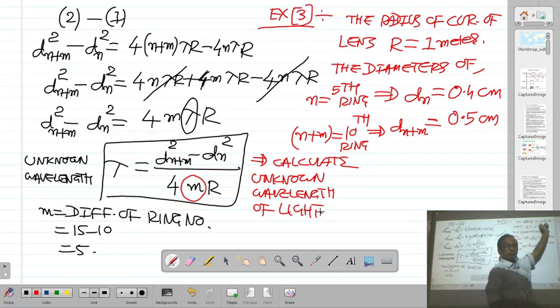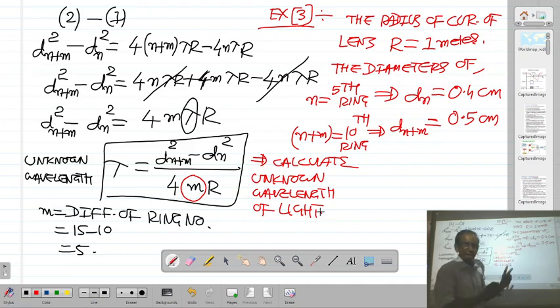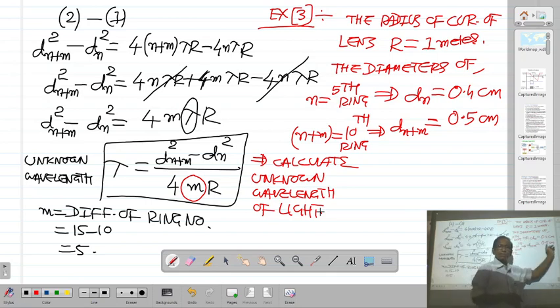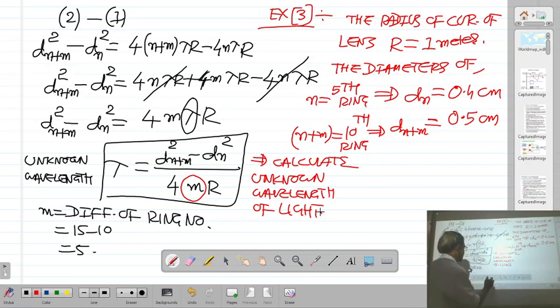They have measured the diameter of 2 rings, the 5th ring and the 10th ring. The diameter of the 5th dark ring, dn, is 0.4 centimeter, and the diameter of the 10th dark ring, dn plus m, is 0.5 centimeter. Calculate the wavelength of the unknown light.